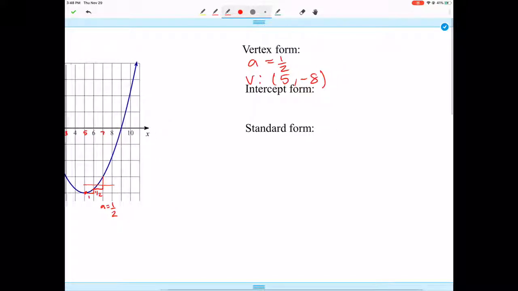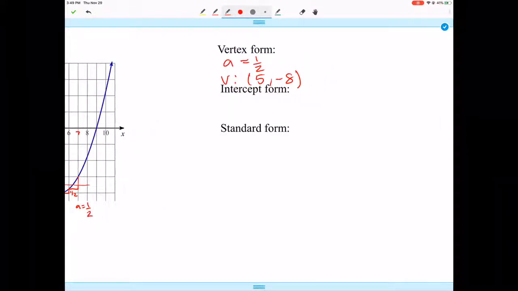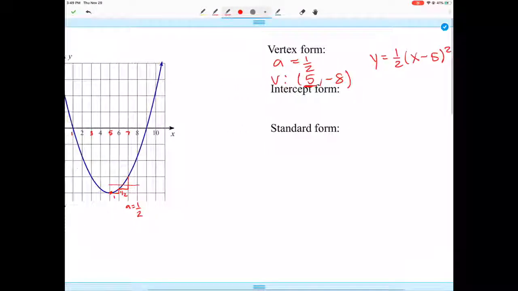Okay. All right, but then still we're just going to plug stuff in. So for vertex form, it's going to be y equals 1/2 times x minus 5 squared minus 8. Okay. Intercept form, we'll need our x-intercepts. So A is still 1/2.